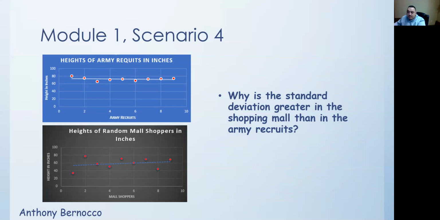On the bottom graph, you have just some really tall people, some really short people, possibly a child. That just has that data all over the place. Whereas in the Army recruits, the data is a lot closer to the trend line.